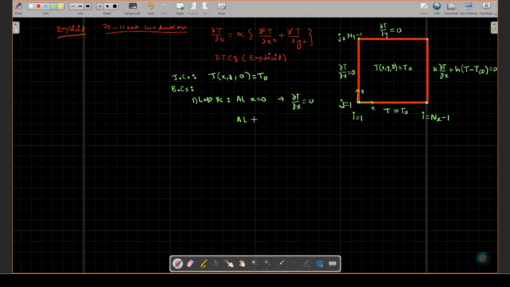And at x equals the length of this object, say length L, height also L.